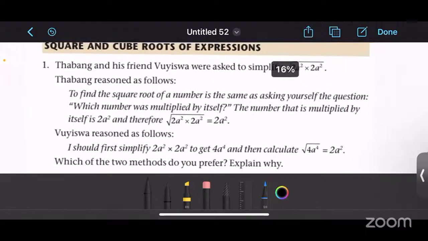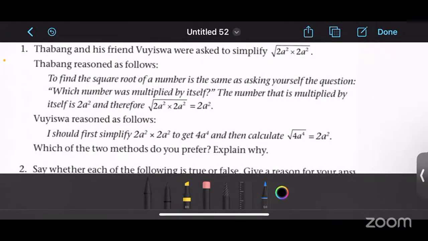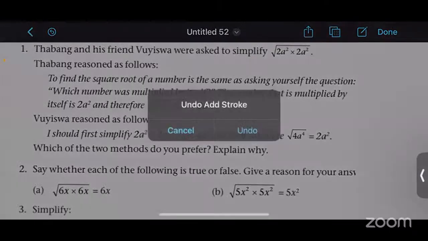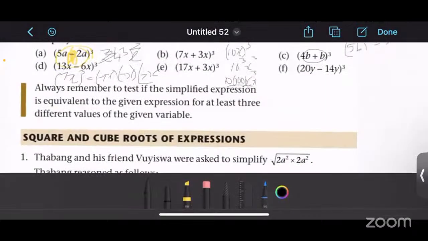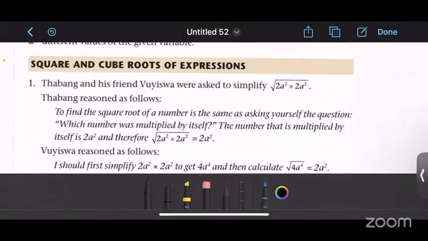Oh, we have two people over here. Tabang and his friend Wuisa were asked to simplify the square root of 2a to the power of 2 multiplied by 2a to the power of 2, right? Tabang reasoned as follows.